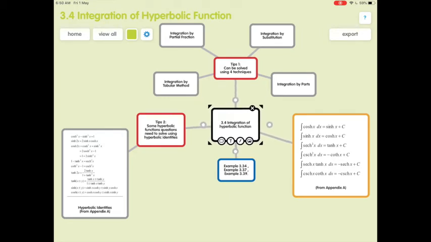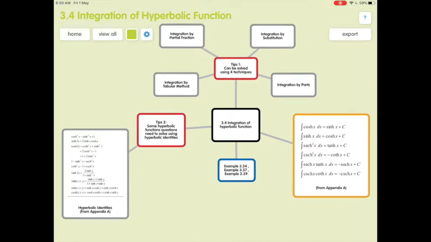In this subchapter, if you have mastered the previous techniques that we have learned, which are integration by substitution, by parts, by the tabular method, and by partial fractions, you are going to see that the questions for integration of hyperbolic functions will be much easier to calculate.